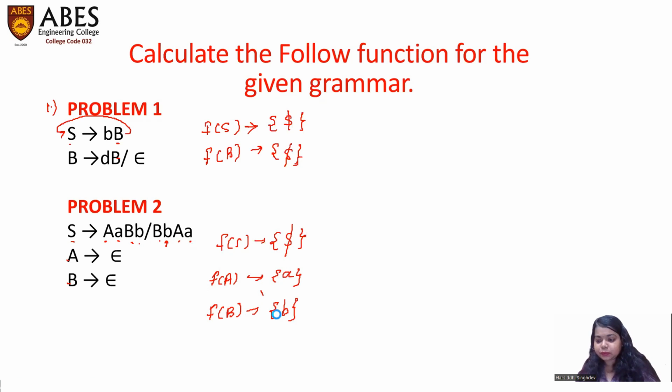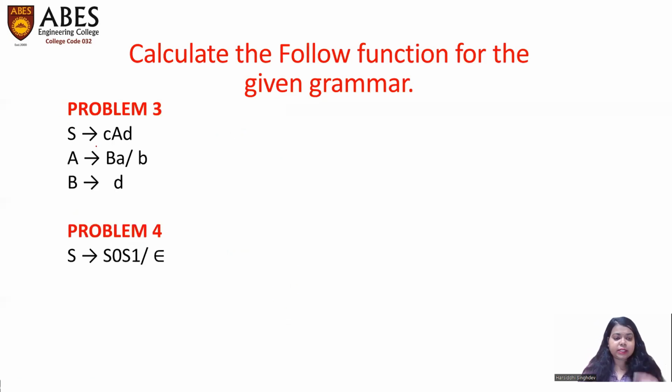So we can write small b in the follow set. Okay. Now this is the third example. Here we have to calculate follow for S, capital A and capital B. S is our starting symbol, so follow of S will contain dollar. Now follow of A: after A, we are encountering small d.